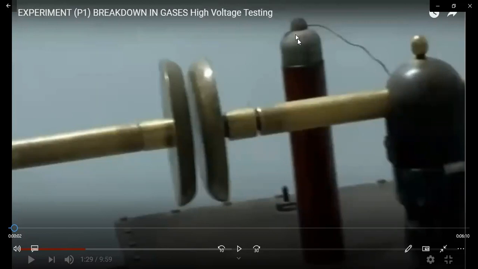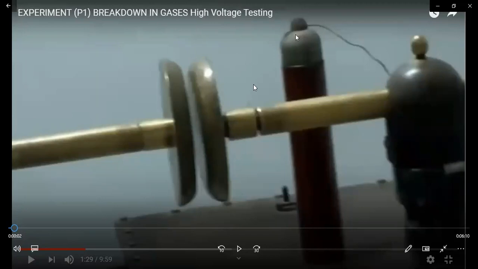So first we will start with the gaseous breakdown. We will use plate electrodes for the gaseous breakdown. I have already told you in the lecture that using plate electrodes we cannot achieve a uniform field.